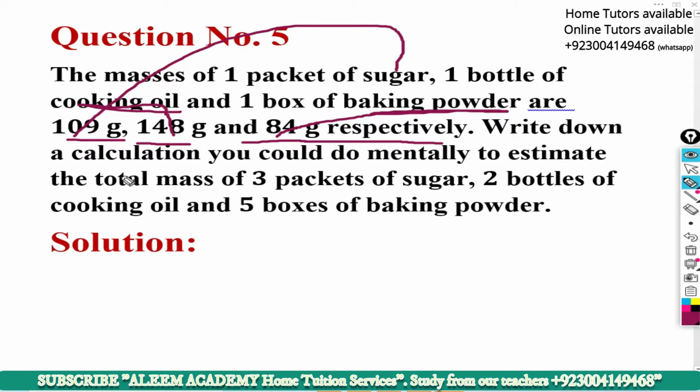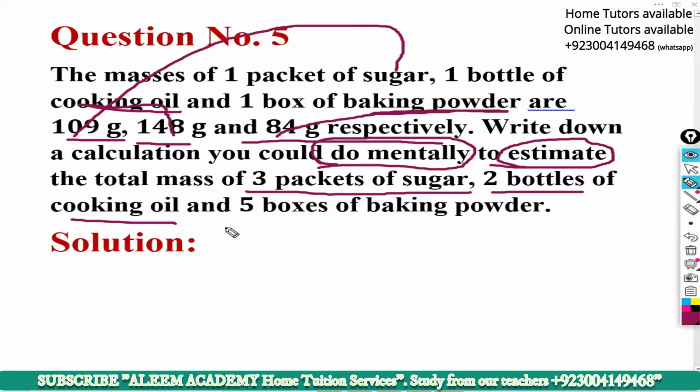Okay, write down a calculation you could do mentally. We have to do mentally. Okay, to estimate the total masses, we have to do estimation also. Total masses of 3 packets of sugar, 2 bottles of cooking oil, and 5 boxes of baking powder. So what we have to do?